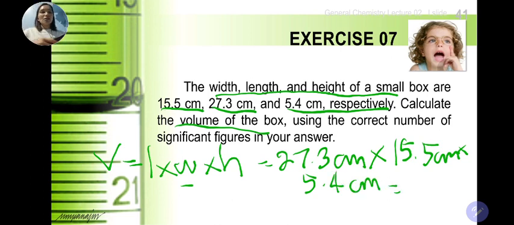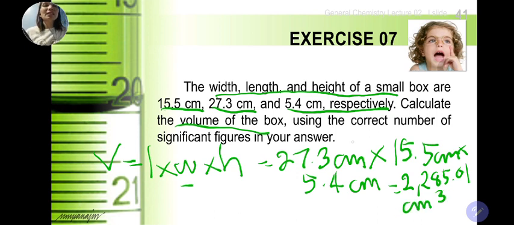So, we multiply those three given figures: 27.3 times 15.5 times 5.4 equals, okay, the answer in my calculator is 2,285.01 centimeter cube.